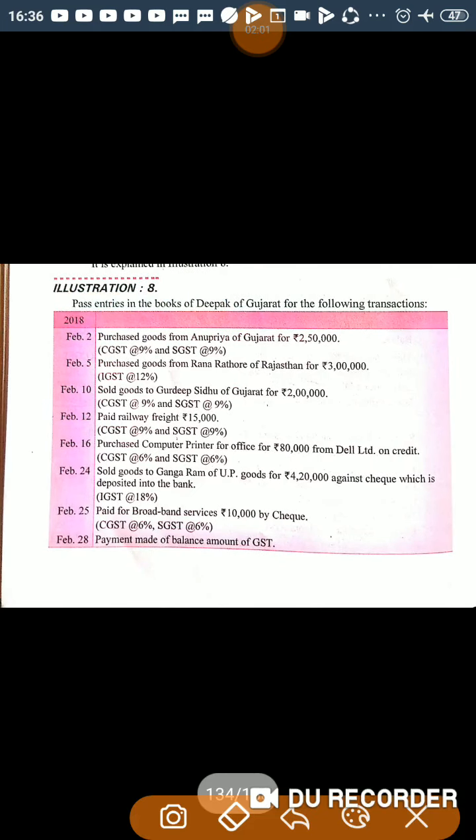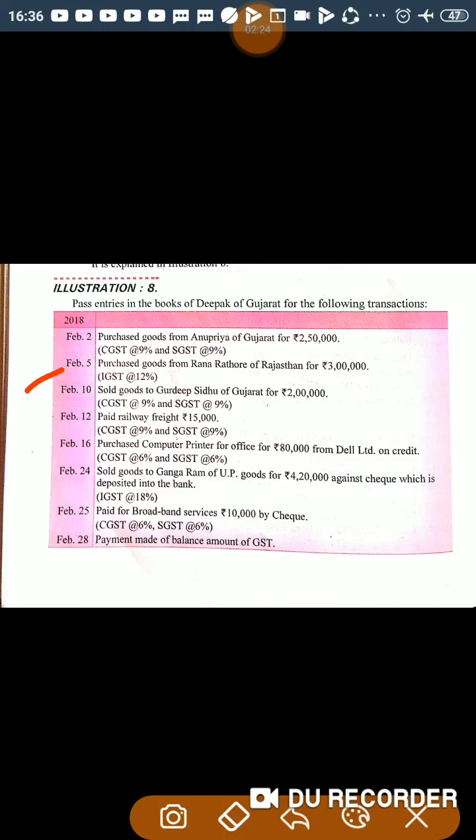Now the next transaction is on February 5, purchase goods from Rana Rathor of Rajasthan for rupees 3 lakh. Now if you analyze this transaction, you get to know that Rana Rathor is residing in Rajasthan, which is different from Gujarat.